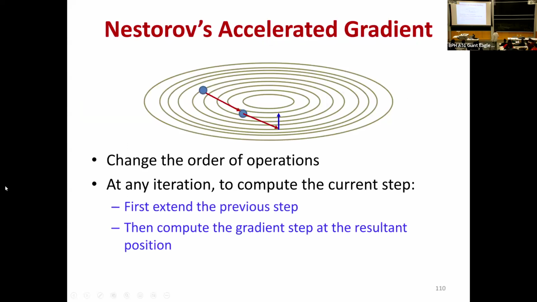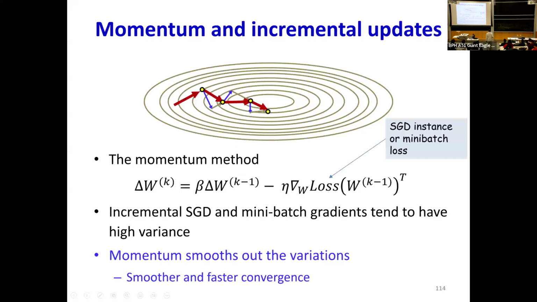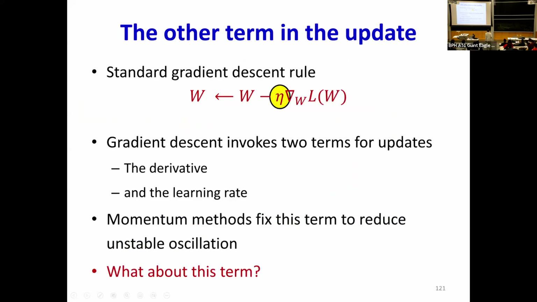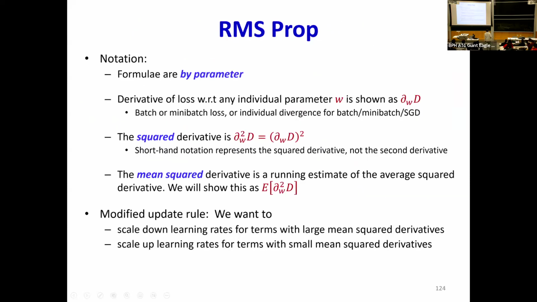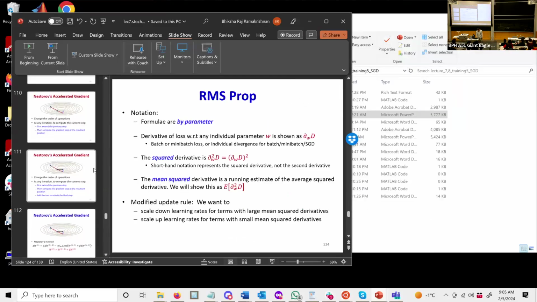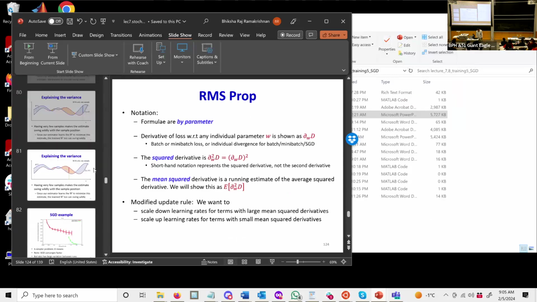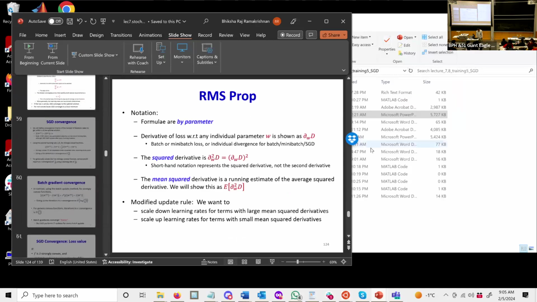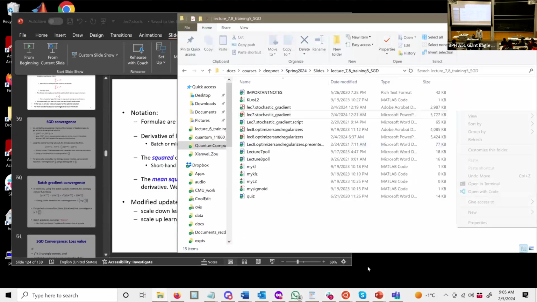For some reason, my slides are missing batch norm. Give me a second. Is this the right one?